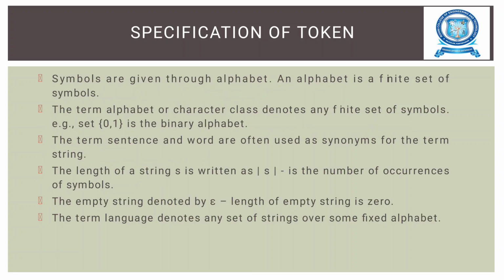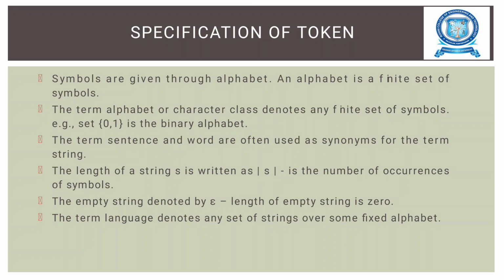Next, the specification of token. In the specifications we are going to see some terms like symbols, alphabets, strings and languages. What are symbols? Symbols are a set of characters, called identifiers.